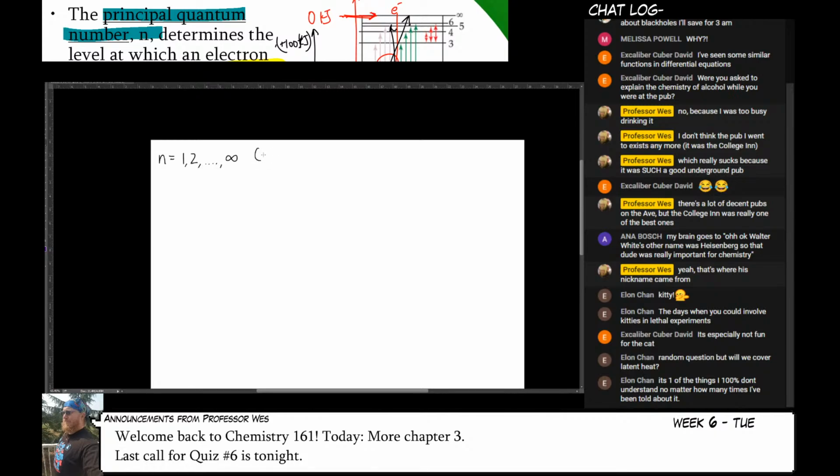And I'm going to define this as a positive integer. All right. And then we'll define L. I don't want to do it that way. We'll do it this way.